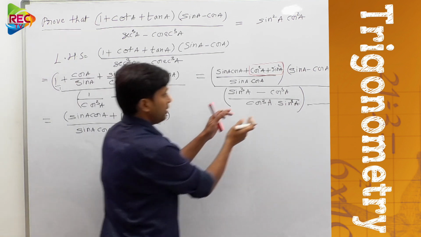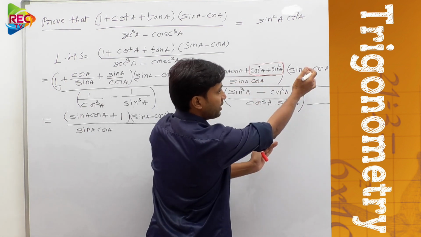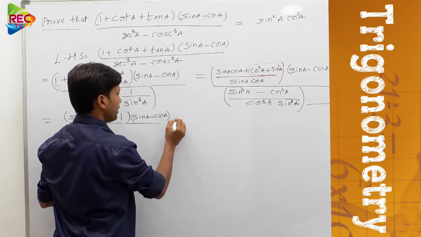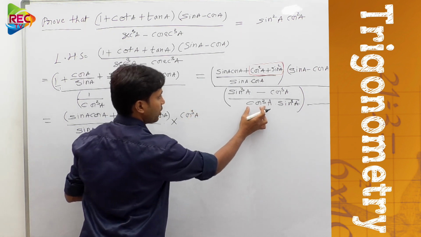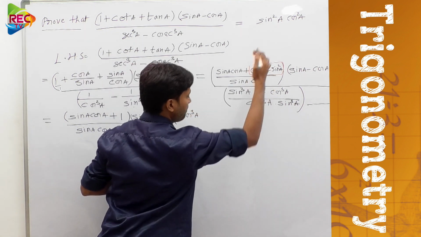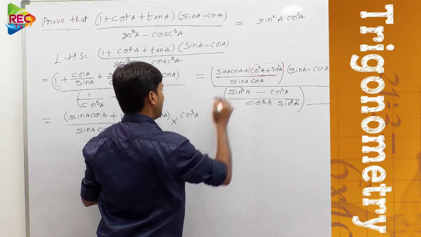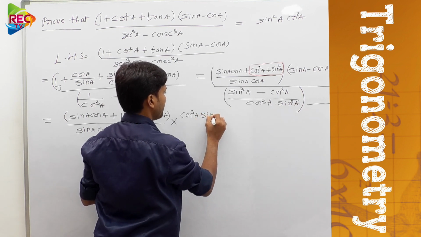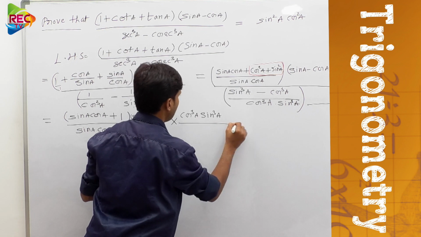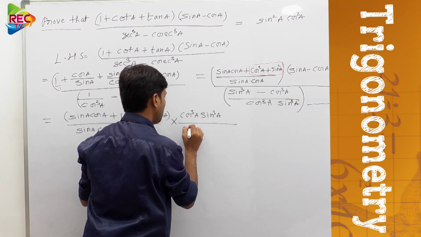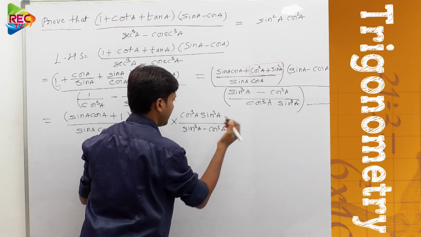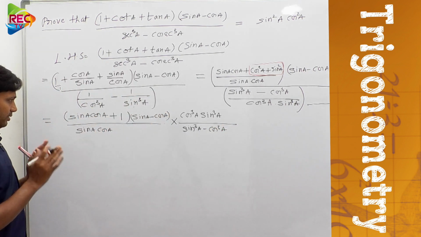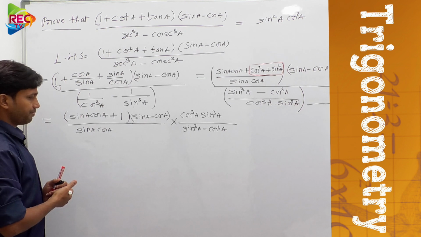Now here the denominator fraction will be inverted. So cos cube A and sin cube A will go up, divided by sin cube A minus cos cube A. This is the explanation of this.